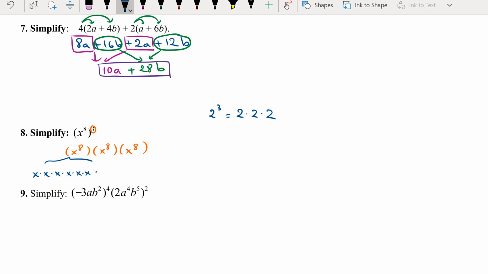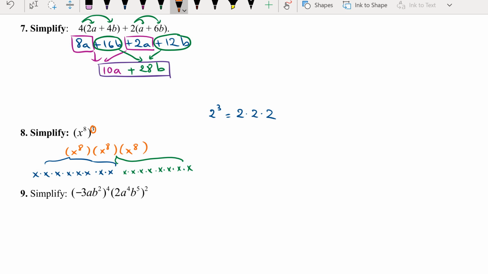5, 6, 7. Okay, 2, 4, 6, 8. Okay, this is the first group of 8. Now we're going to look at the second group of x to the 8th power. 1, 2, 3, 4, 5, 6, 7, 8.